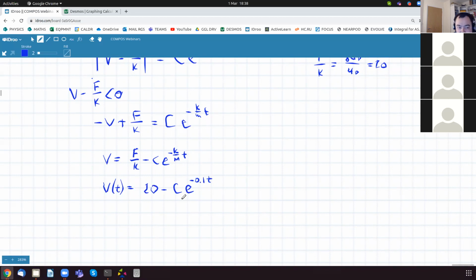We need to find c now. To find c, we know that when t is 0, v is 0. So v of 0 is equal to 20 minus c e to the power 0, and e to the power 0 is 1.